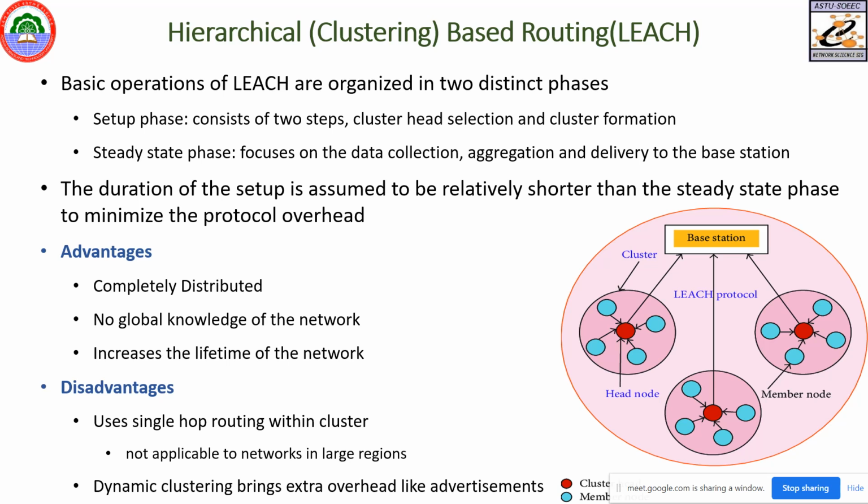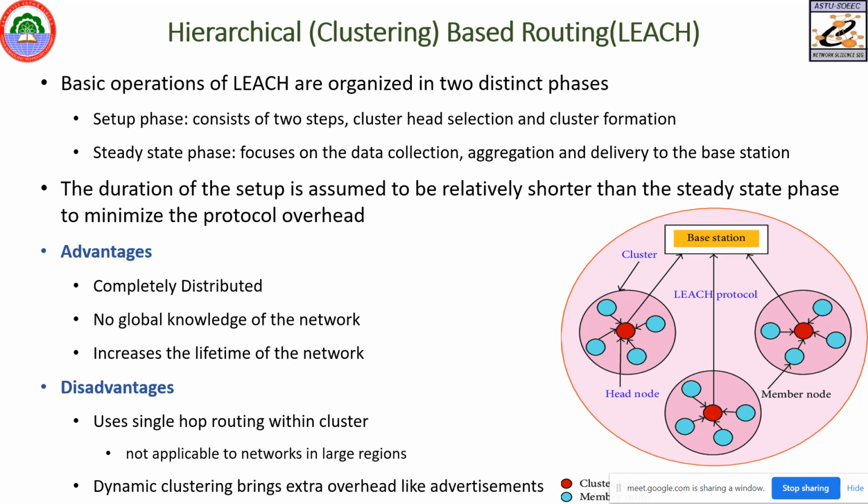Once the setup phase is done, in the steady state phase, these cluster heads gather the information from their neighbors. Once the information is gathered from the neighboring nodes, the cluster head will aggregate that information, and the aggregated information will be transferred to the base station.